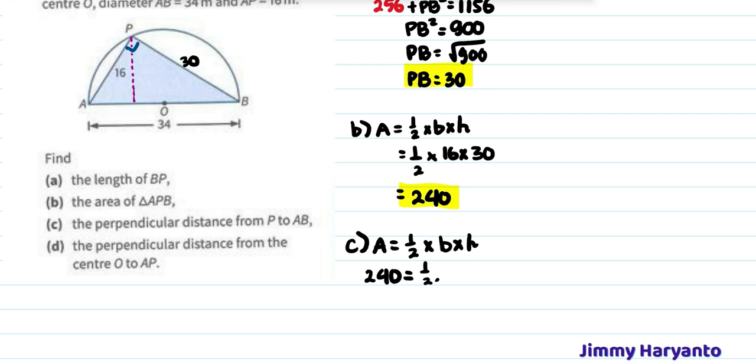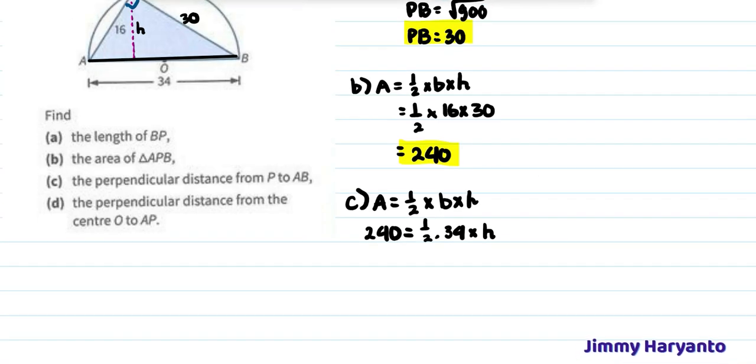Half times the base. The base for this one is 34, not 16 anymore. And the height is the one that we want to find, the perpendicular distance. So 240 divided by 17, h equals 14.1. So this is the h.